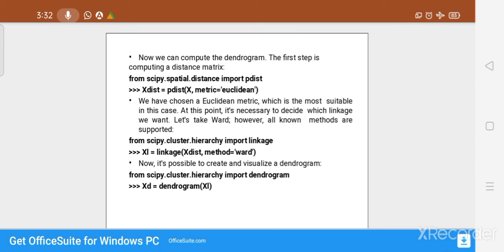Now we can compute the dendrogram. How can we compute it? First we have to compute the distance metric, which can be done with from scipy.spatial.distance import pdist. So X distance is equal to pdist(X, metric='euclidean').